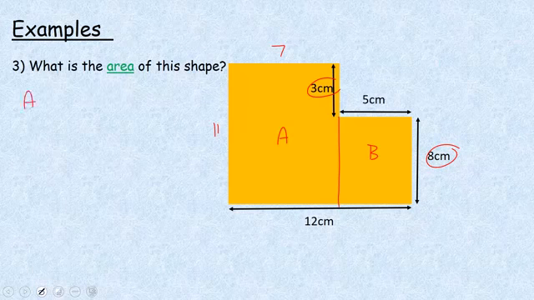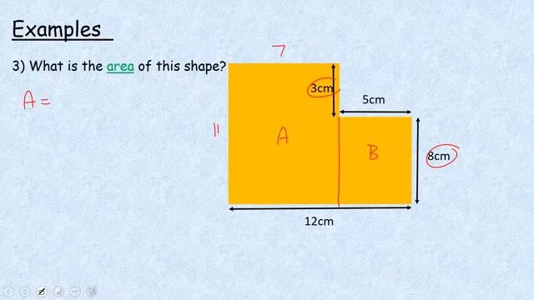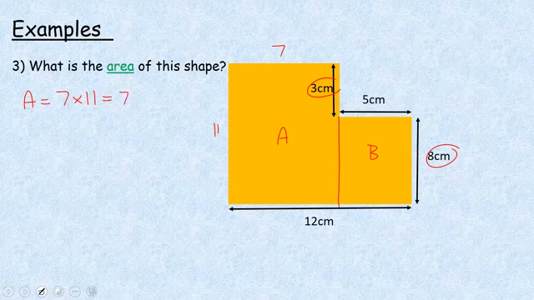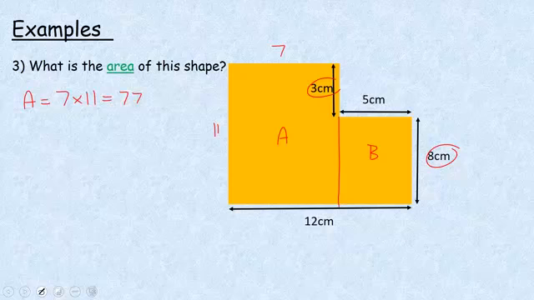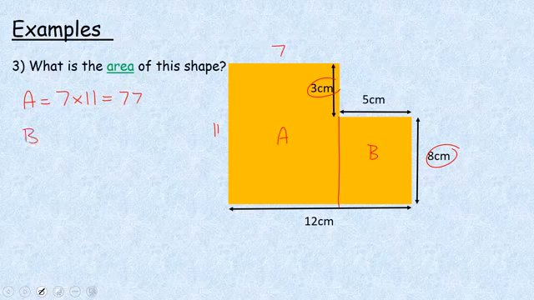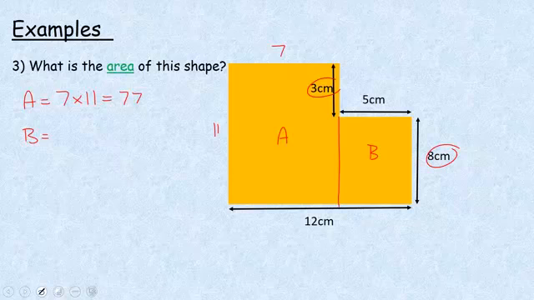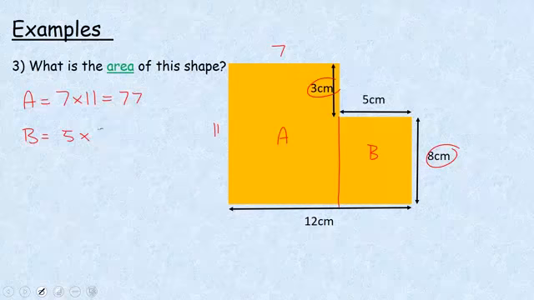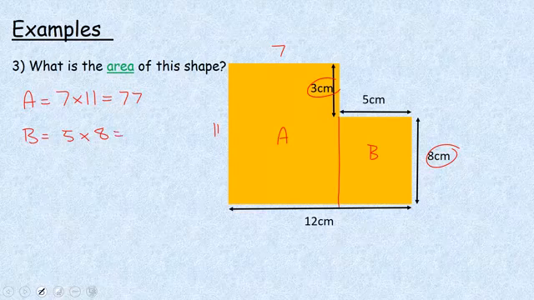So the area of rectangle A must be 7 multiplied by 11, which is 77. And the area of rectangle B must be 5 multiplied by 8, which is 40.